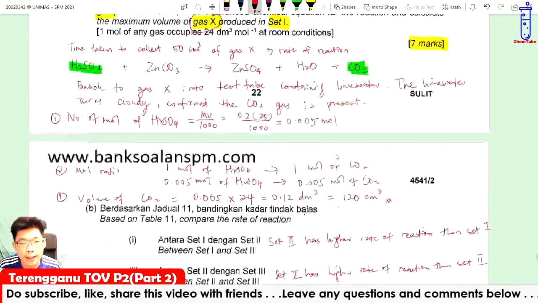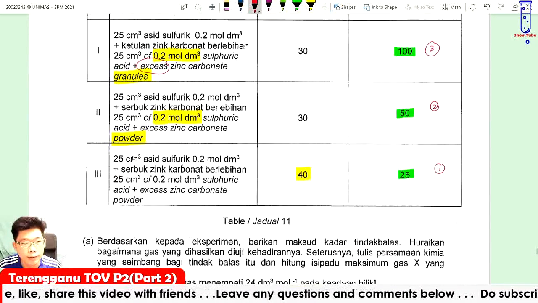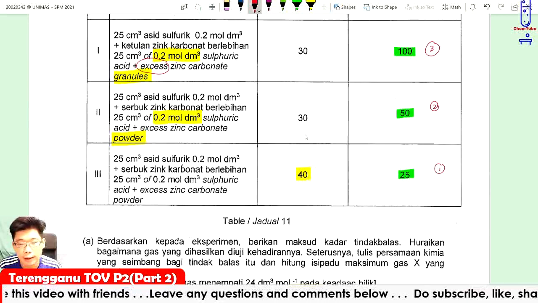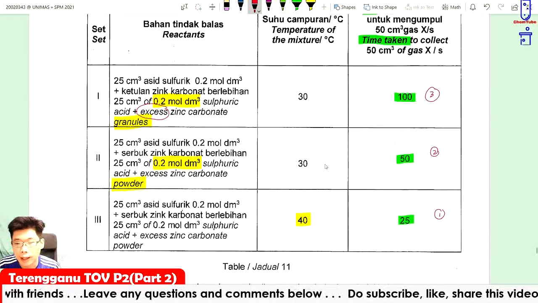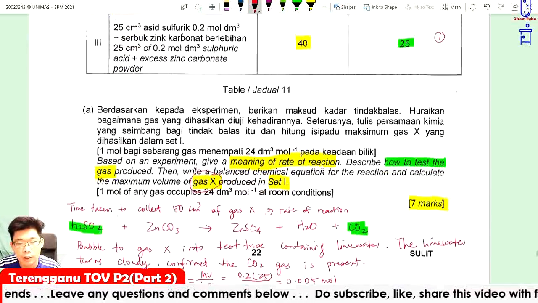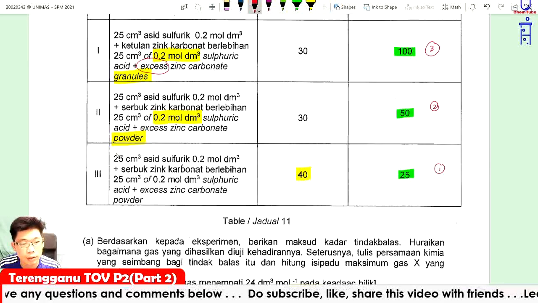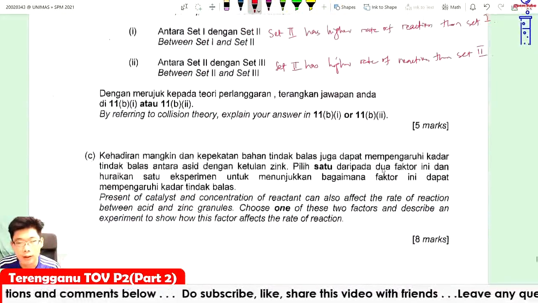Set 1 and set 2 is because of the total surface area. Set 2 and set 3 is because of the temperature. So we look into the explanation using the collision theory one by one, set 1 and set 2, or you can choose set 2 and set 3 to answer this question.